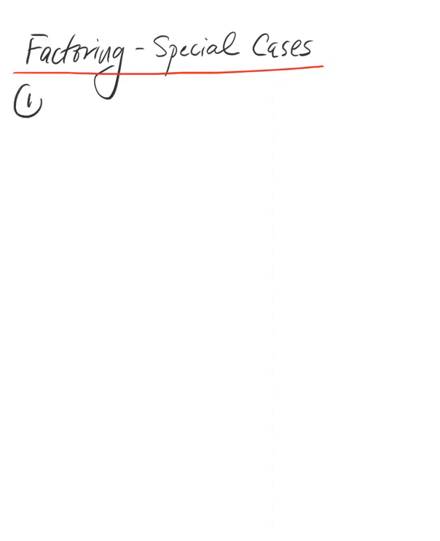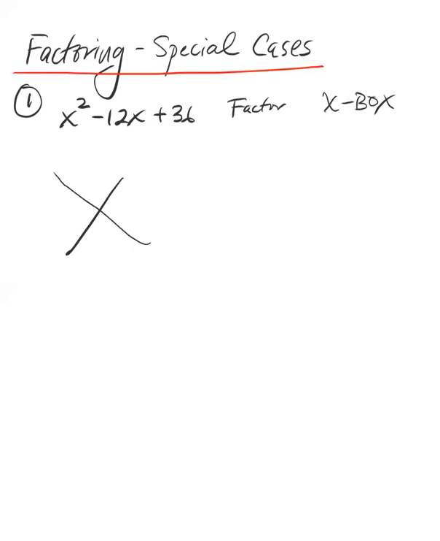The first problem, x squared minus 12x plus 36, and we want to factor this. Okay, so the process that we've been using is the x box, and that will continue to be the case. Remember this first term here, this is my a, this is my b, and this is my c.